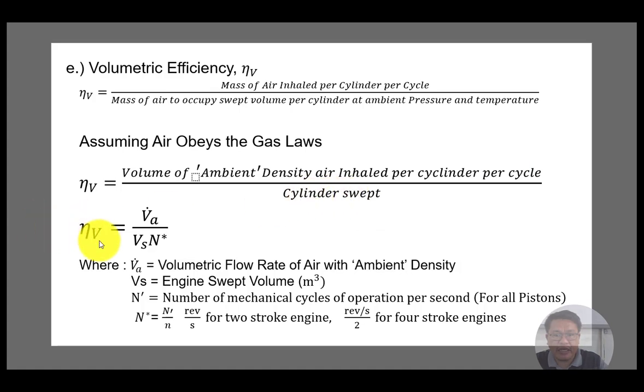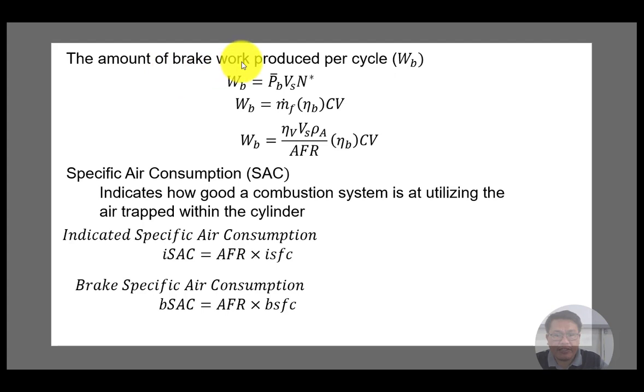Then our volumetric efficiency is equal to the volumetric flow rate of air with the ambient density, divided by the volume swept times the stroke of your engine. Next we have the amount of brake work produced per cycle, so that is equal to the pressure, then volume swept, then we have your RPM.